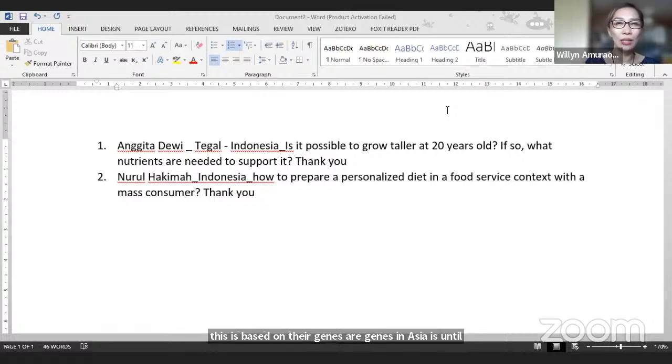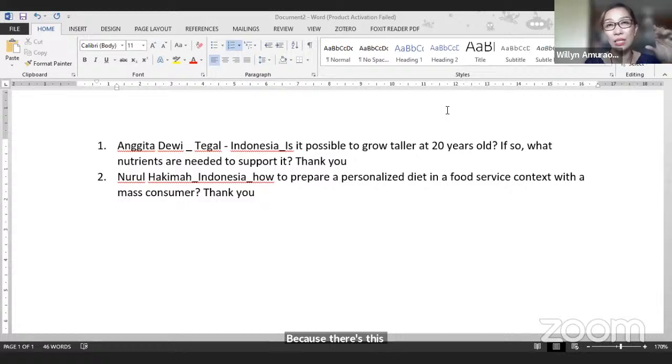Those, I believe, are also the nutrients needed to support it. As I mentioned, calcium and vitamin D are the nutrients needed by the body. Also, we have to drink milk because there's research where people take medication, but I don't remember that medication.